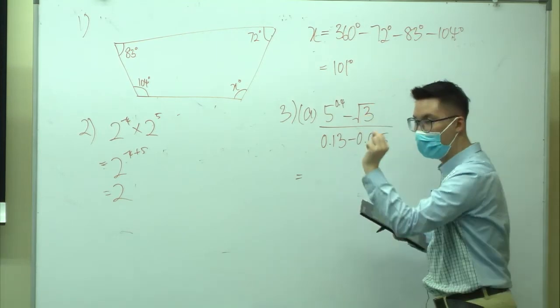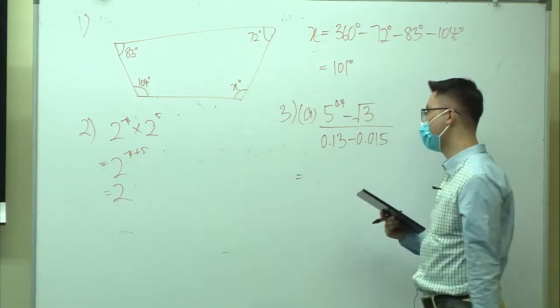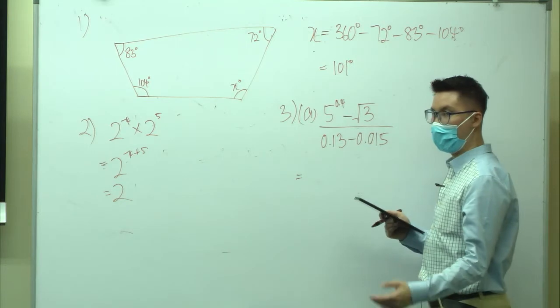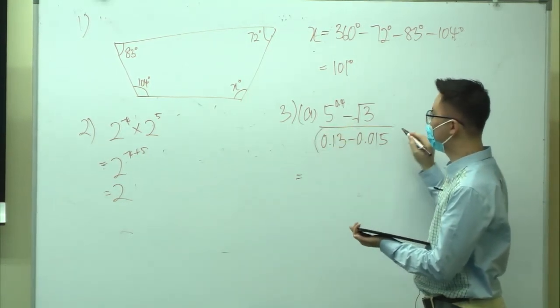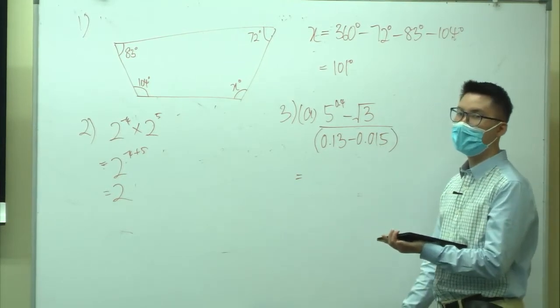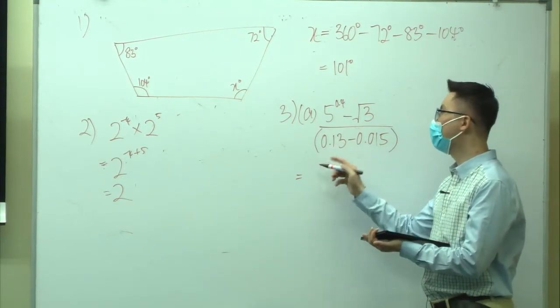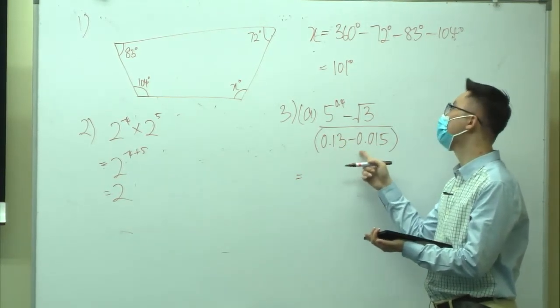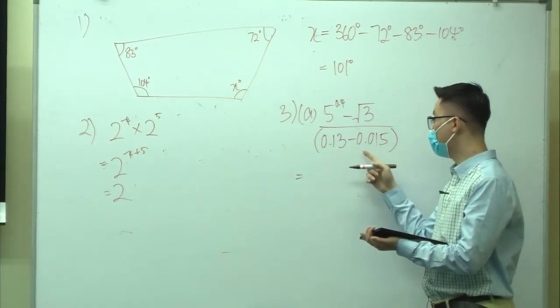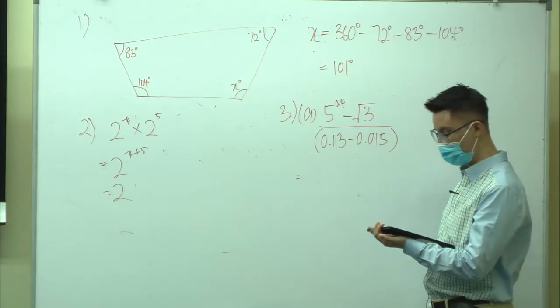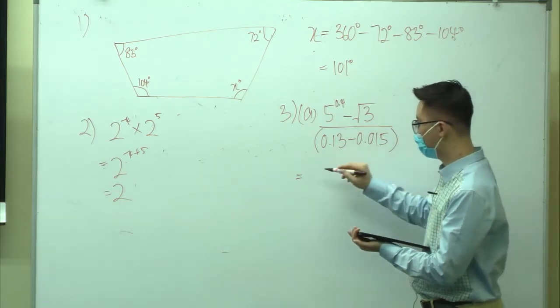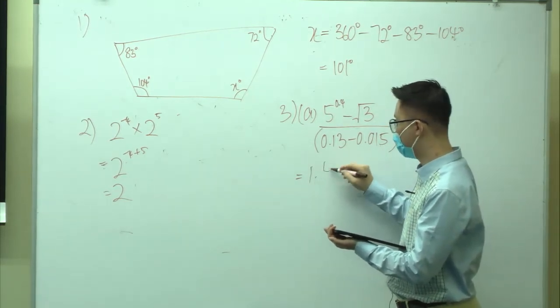Press enter first. Then you press divide. After you press divide, remember to put the open bracket and close bracket. Open bracket, press 0.13 minus 0.015, close bracket, enter. Then your calculator will show you this number.